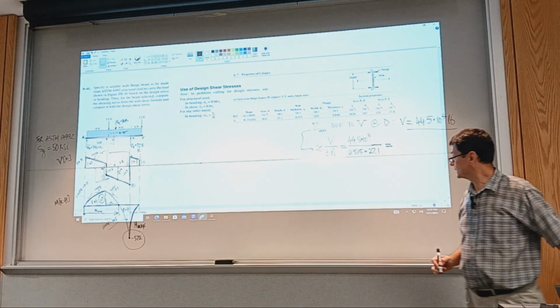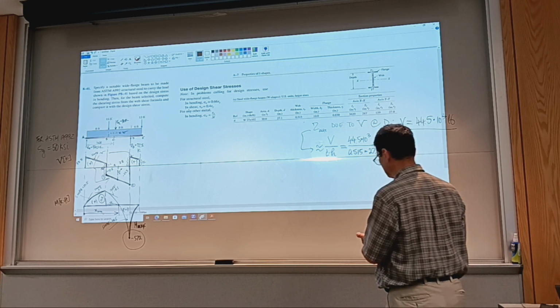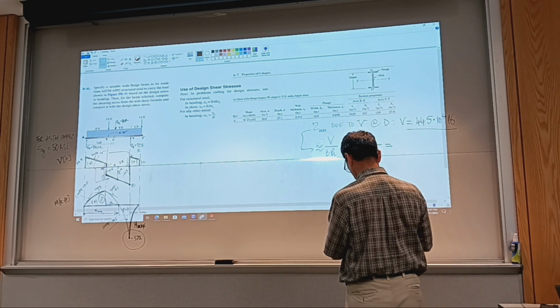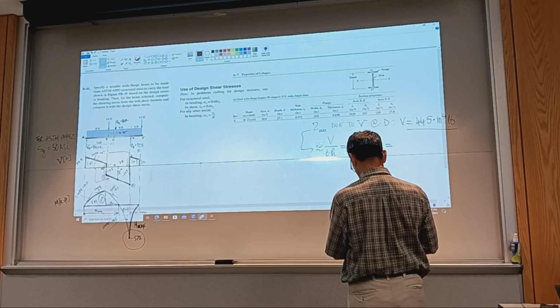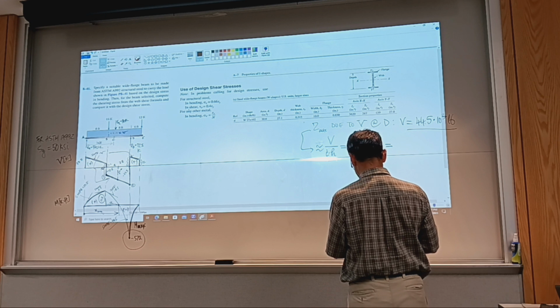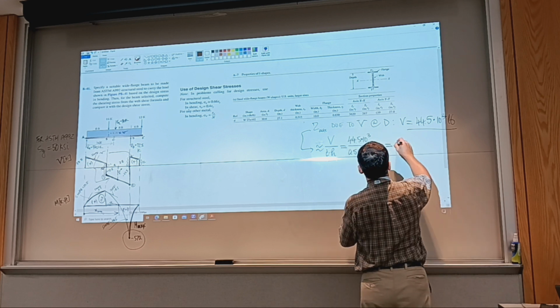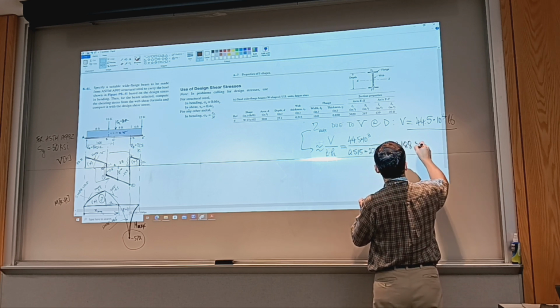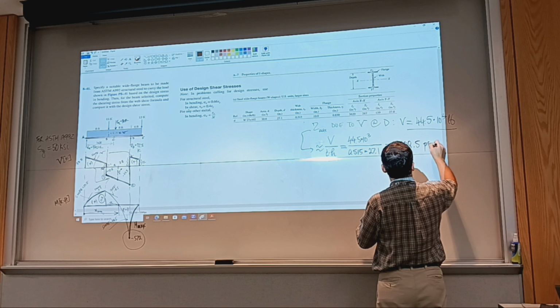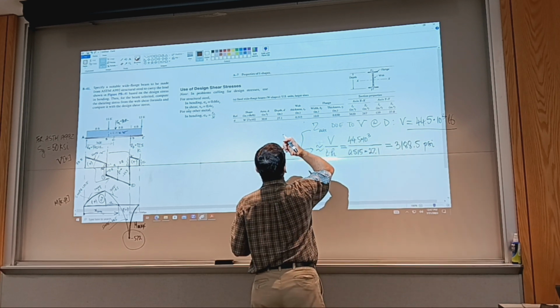All right, so let's see how big this is. Again, it's an approximation. So 44.5 times 10 to the power 3 over 0.515 over 27.1 equals 3,188.5 psi.